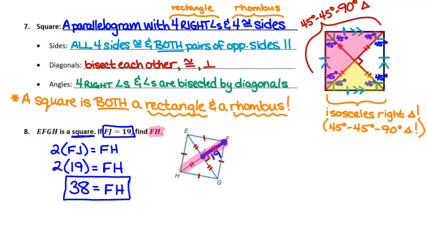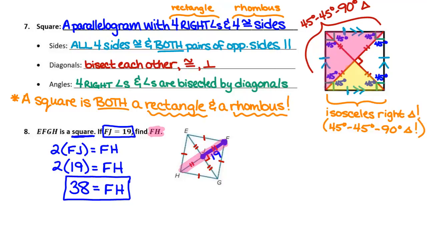And here, I was looking for that whole diagonal, so all I needed to use was that the diagonals bisect each other. So this would have worked even if they had said this was a rhombus, or even a parallelogram. It didn't have to be a square. As long as the diagonals bisect each other, we can solve this particular problem.